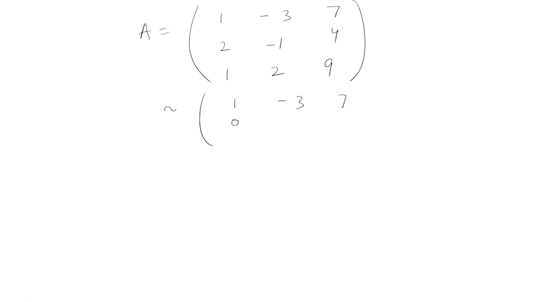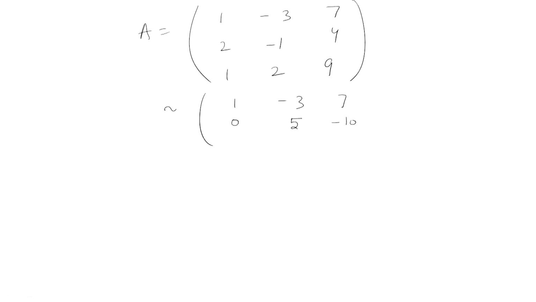The coefficient matrix is 1, minus 3, 7; 2, minus 1, 4; 1, 2, 9. Let us find the rank of this matrix by converting it into its echelon form. The first row stays 1, minus 3, 7. The second row minus 2 times the first gives 0, 5, and 4 minus 14 is minus 10.